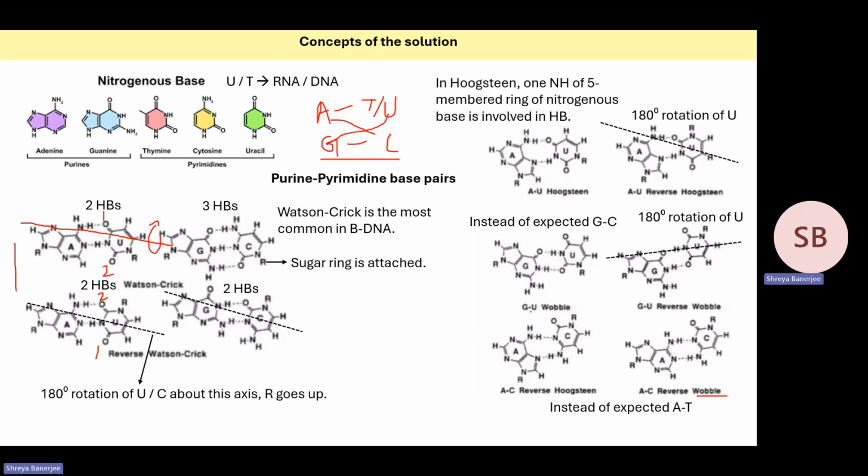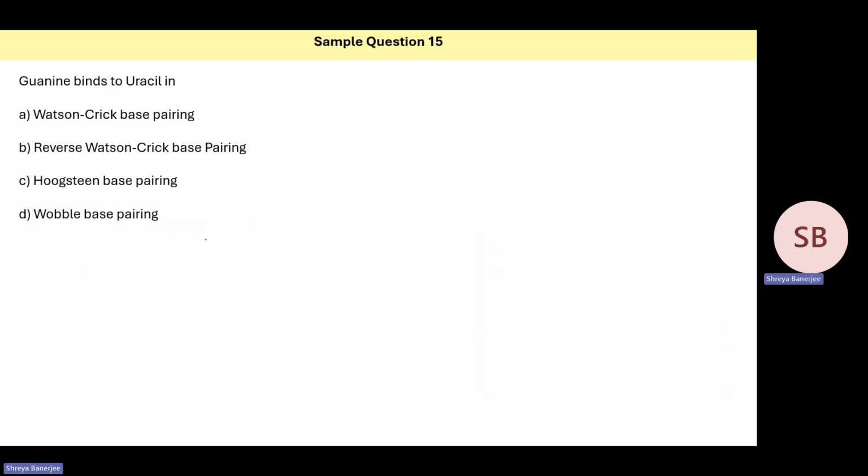You can see G going with U is wobble. So the answer saying guanine binds to uracil in wobble base pair, that is D.